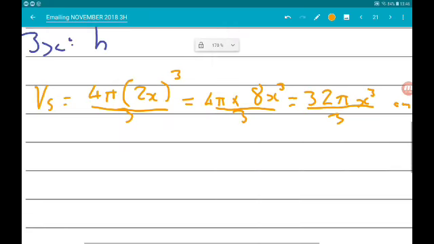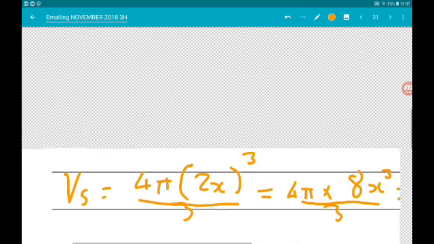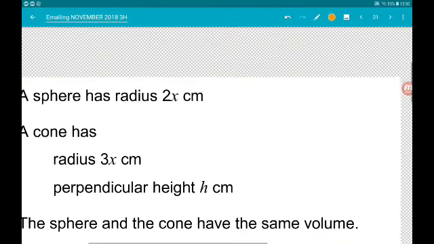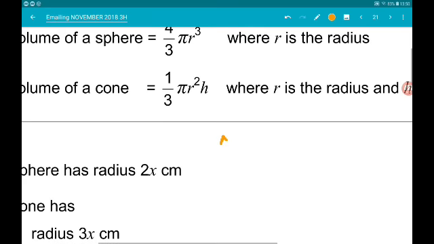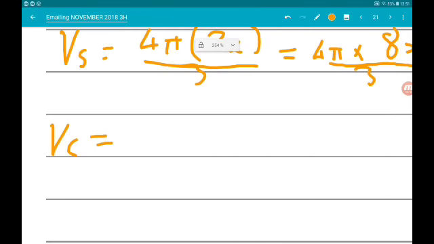Right, then we need to do the same with the cone. So the volume of the cone is given to us up here. It's 1/3 pi r squared h. Again, I prefer to think of it as pi r squared h over 3. So that's pi times 3x squared h over 3.